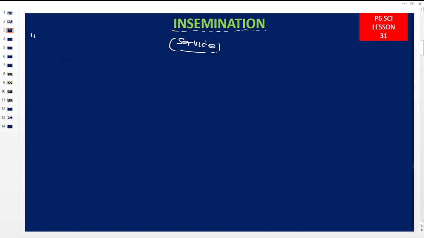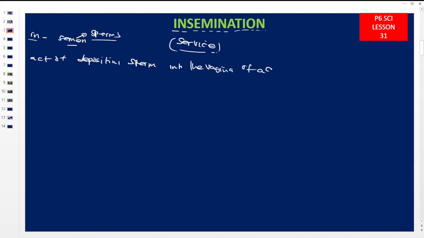In insemination, we have the word semen, and semen relates to the sperms. Therefore, insemination is the act of depositing sperms or semen into the vagina of an animal, if it is a female: it can be a cow, a nanny, a ewe, a sow, or even a woman.